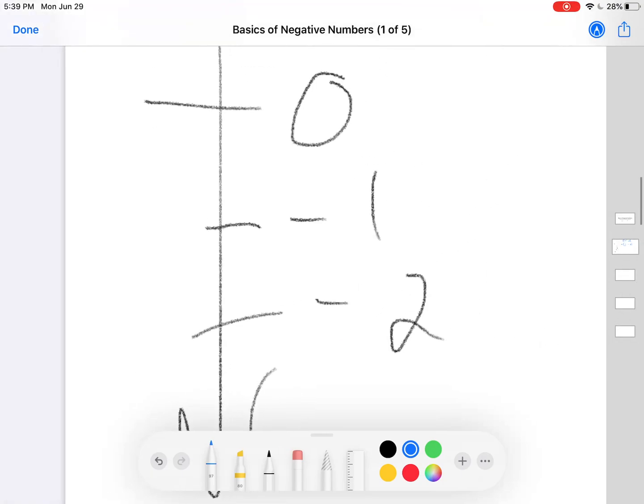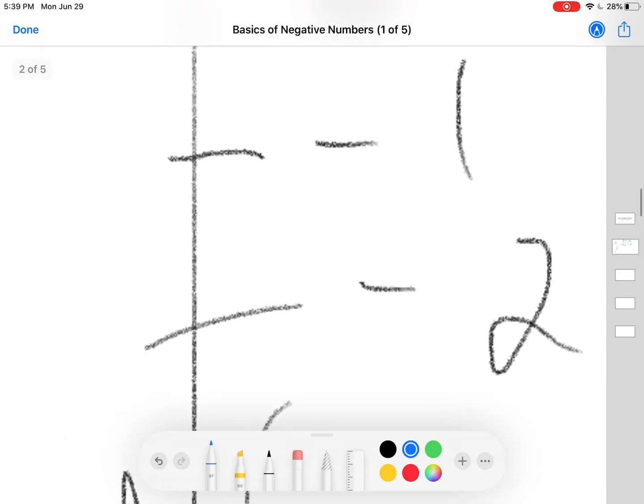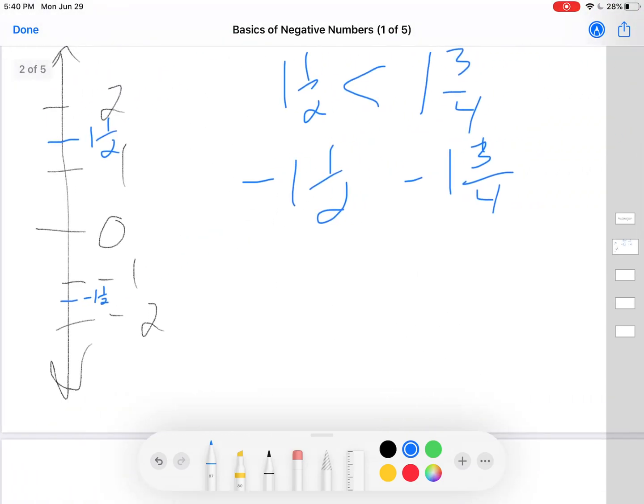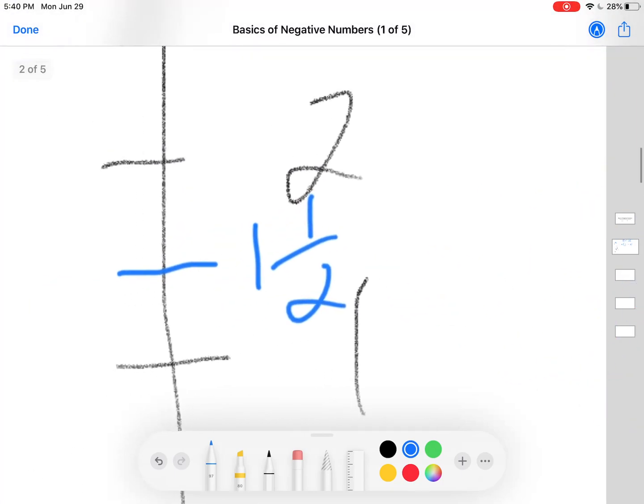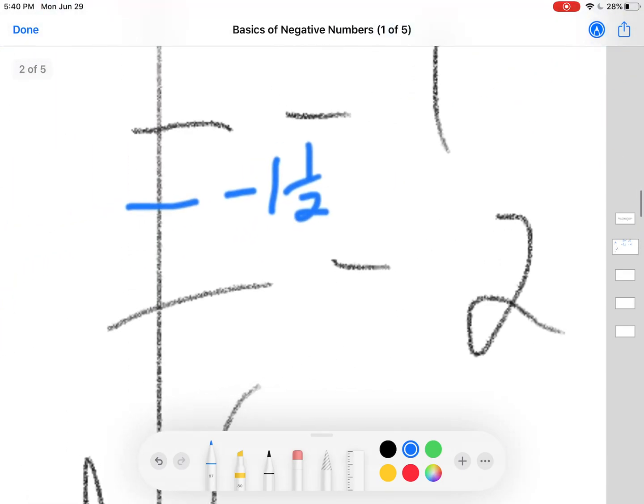We know that 1½ is halfway between 1 and 2. -1½ is halfway between -1 and -2. And we also know that +1 3/4 is between 1½ and +2, the exact same way that -1 3/4 is between -1½ and -2.